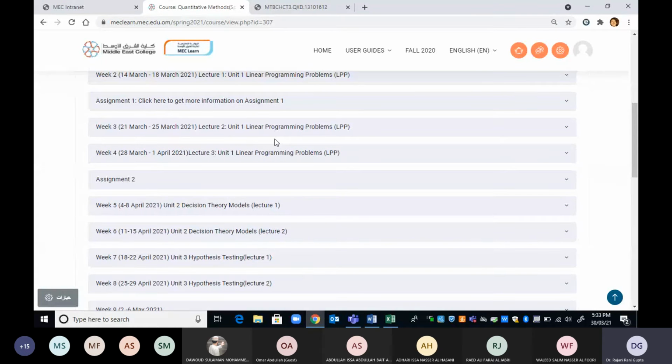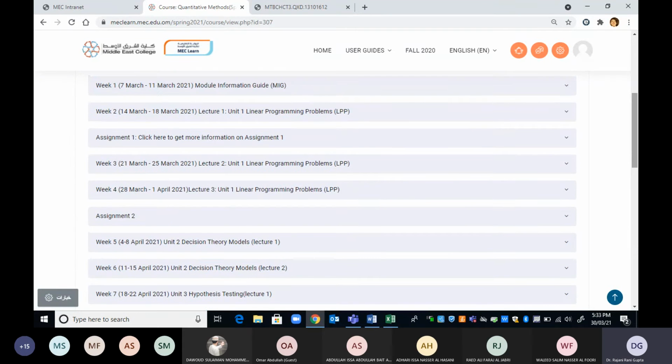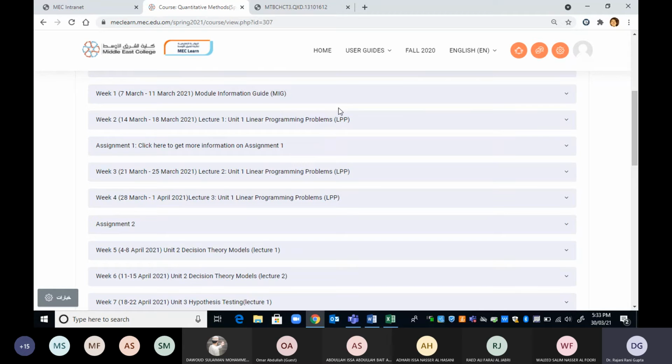Most likely it will be next week or the week after. It will be based on this unit's questions. It will be an online quiz. For example, it will have formulation questions that we have studied in the first topic. So I will ask you what the constraints are, what the objective function is.